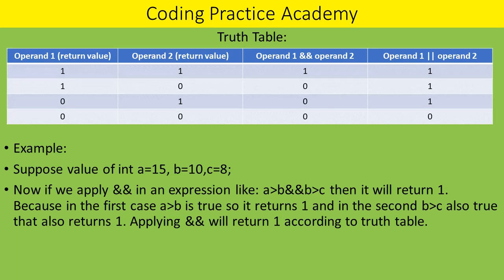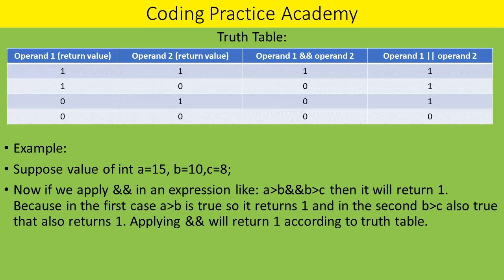See, this is an example of the expression. There we declare three variables A, B and C. A value is 15, B value is 10 and C is 8. Now if we apply AND in the expression like A greater than B and B greater than C, applying the logical operator AND between these two relational expressions, then it will produce the return value 1, that is true.